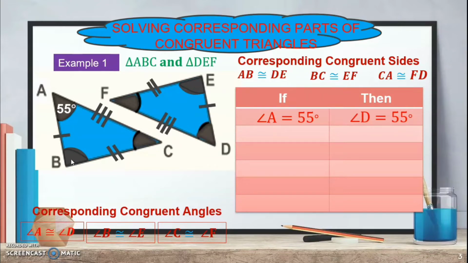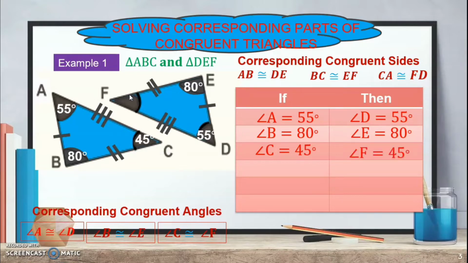Next, angle B is 80 degrees. Kung ang angle B ay 80 degrees, of course, angle E is also 80 degrees, kasi congruent sila. Then angle C, if the measure of angle C is 45 degrees, so angle F also is 45 degrees.